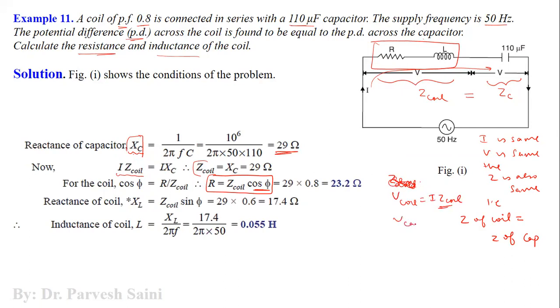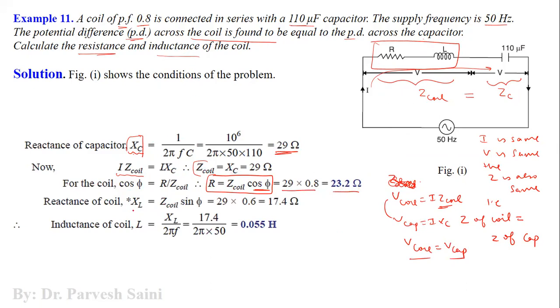And V across capacitor is I into XC. Now, because it is given in the statement that these two potential drops are same, so that means V of coil is equal to V of capacitor. So from here we have got Z coil and we have substituted the value here. We have got 23.2 ohm of the value of resistance, right? The second is we have to find out the inductance.